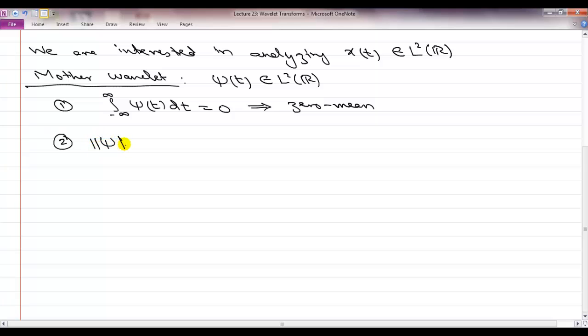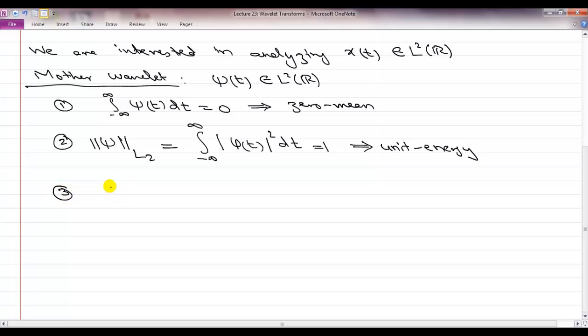So the L2 norm of psi, which is defined as the integral from minus infinity to infinity of psi of t squared dt, is equal to 1, which means that we have a unit energy mother wavelet. And the third is that it is centered, not necessarily exactly, but it is centered around t equal to 0.